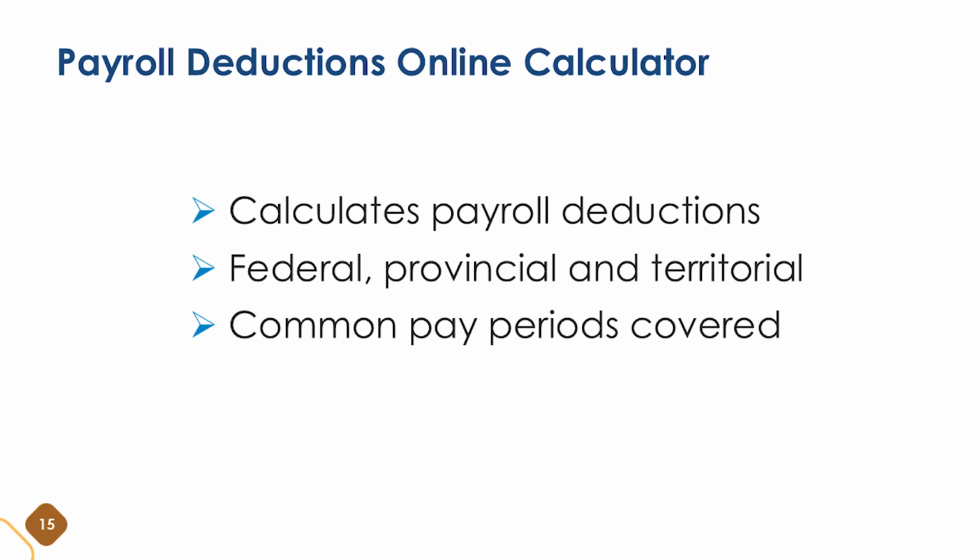It calculates payroll deductions for the most common pay periods, such as weekly or biweekly, based on exact salary figures. The calculator will confirm the source deductions, withholdings, you must include in the employee's official statement of earnings.